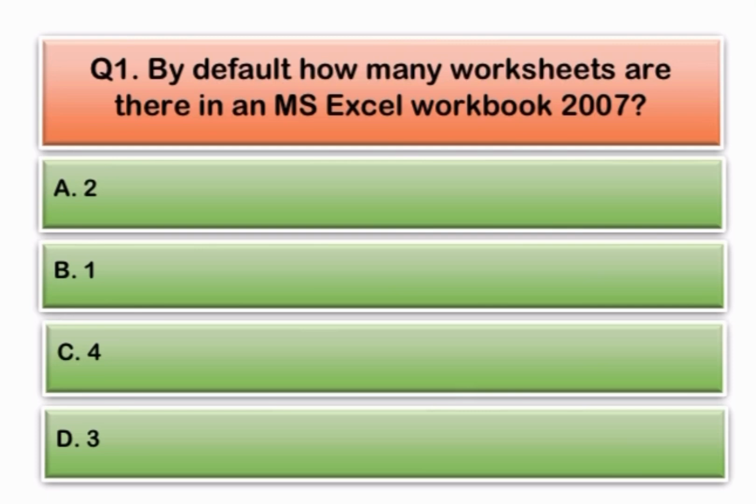Question number 1: options are A 2, B 1, C 4, D 3, and the correct answer for this will be D, 3. There are actually 3 worksheets by default in an MS Excel workbook 2007. So option D will be correct.